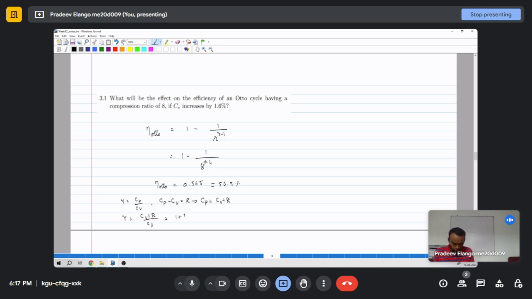This is 1 plus R by Cv. So gamma minus 1 is equal to R by Cv. So we will have efficiency as 1 minus 1 by r power R by Cv.